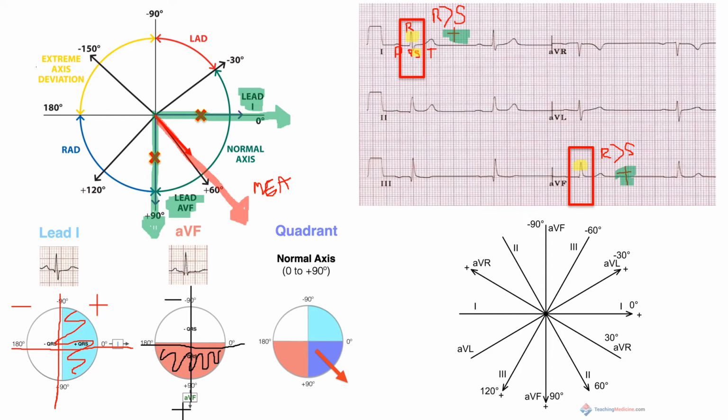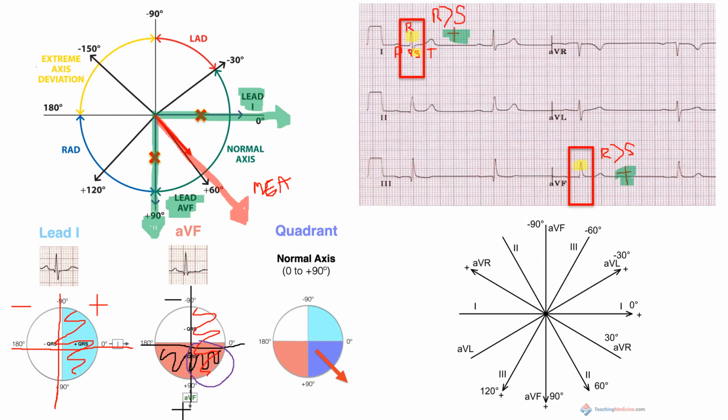Then try to superimpose the two shaded areas for lead 1 and lead AVF. Remember how we shaded this whole entire area for lead number 1? Find the region, right here, that has the shading for both lead 1 and lead AVF.